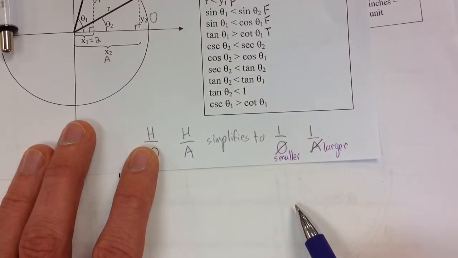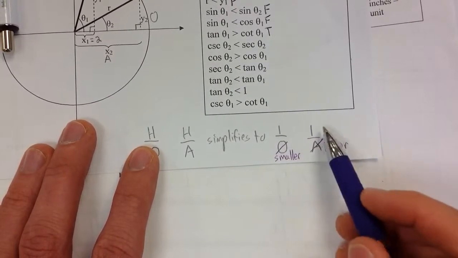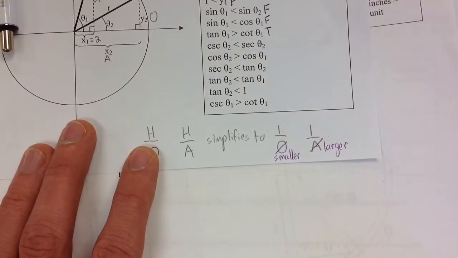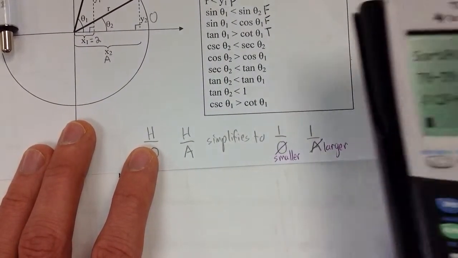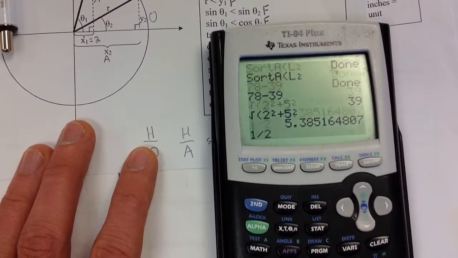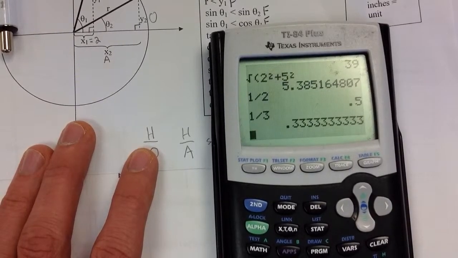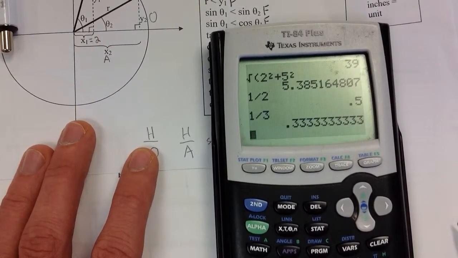Okay, and then Nick, which one of these fractions is going to be bigger? 1 over a smaller or 1 over a larger? 1 over a smaller. If you don't get that, plug in numbers. If you have 1 over 2 versus 1 over 3, 1 over 2 is greater than 1 over 3.